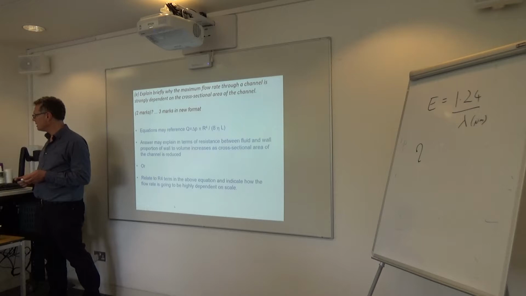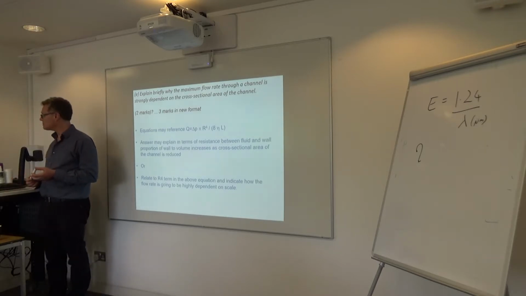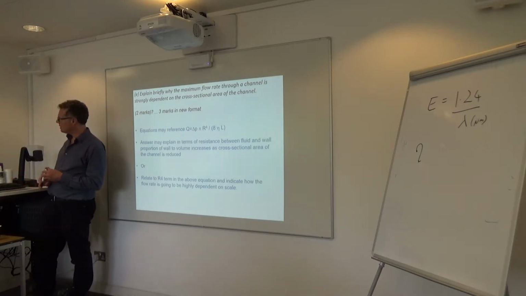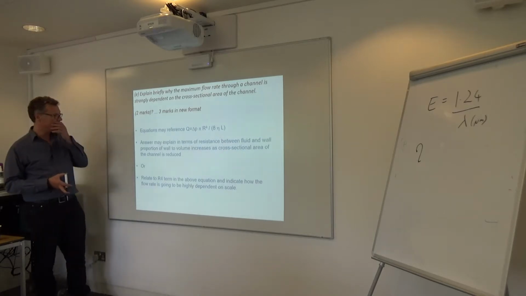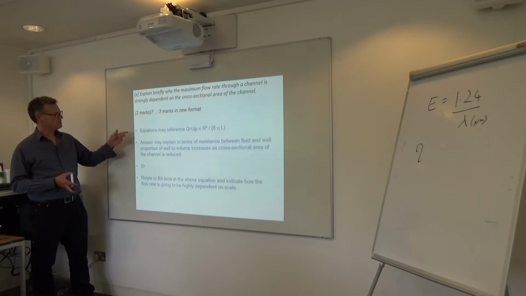Part E, explain briefly why the maximum flow rate through a channel is strongly dependent on the cross-sectional area of the channel. You had this in your TMA really, so that equation did appear there.